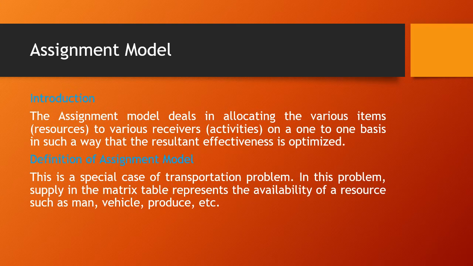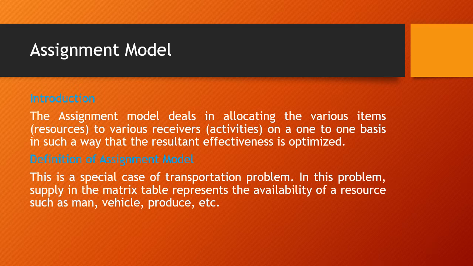What is the assignment model? This is the introduction of the assignment model. The assignment model deals with allocating various items, that is resources, to various receivers, which is the activities, on a one-to-one basis in such a way that the resultant effectiveness is optimized.